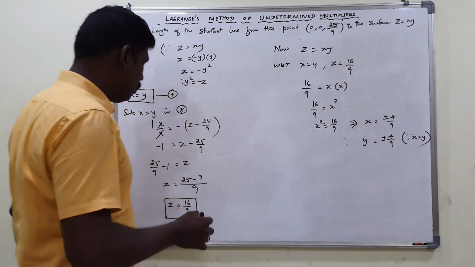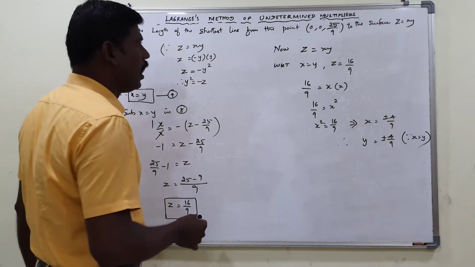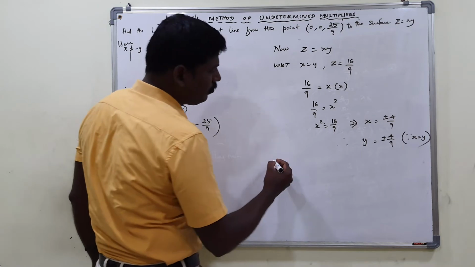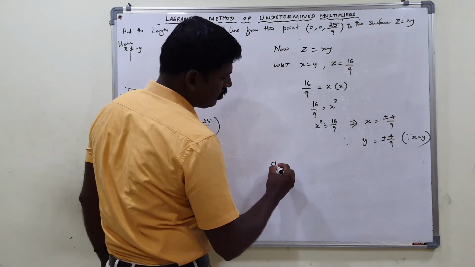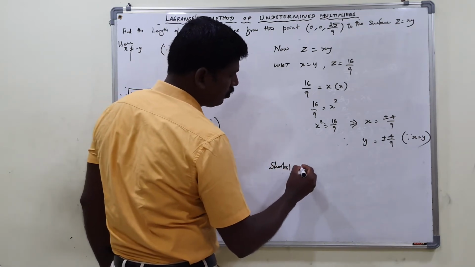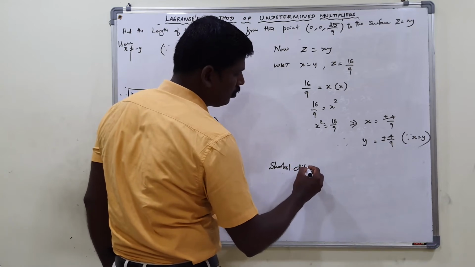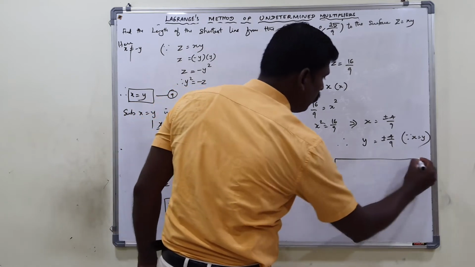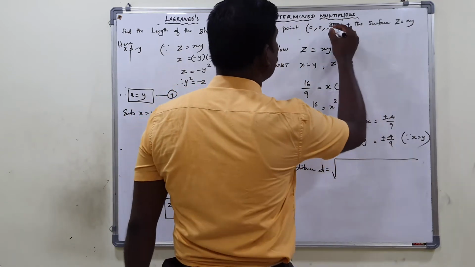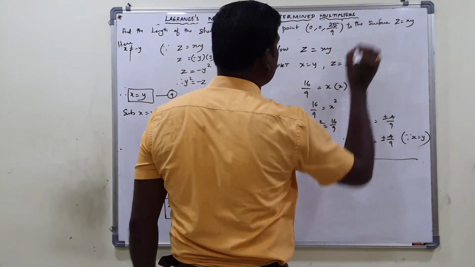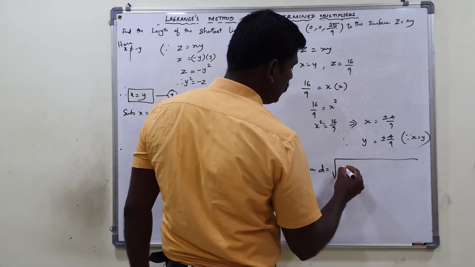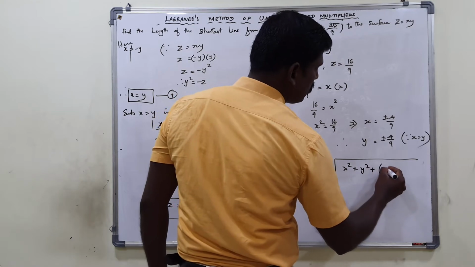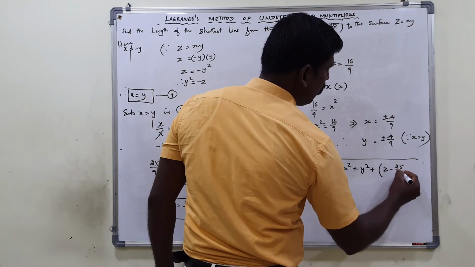Okay. So just now we found out x, y and z. So we need to find out the shortest distance. Right? So shortest distance d is equal to root of what? To this point x, y, z, isn't it? So x minus 0 the whole square, that is x square, isn't it? x square plus y square plus z minus 25 by 9 the whole square.